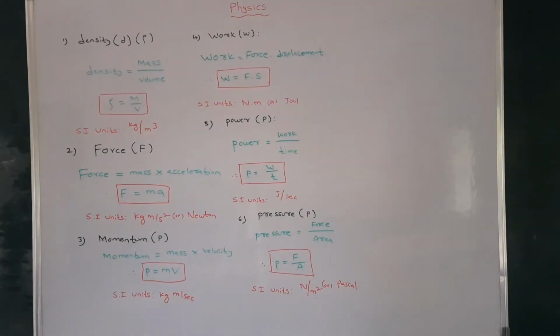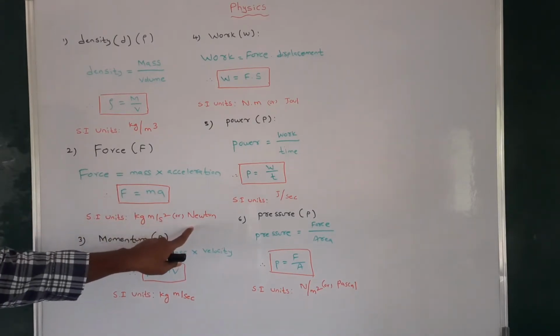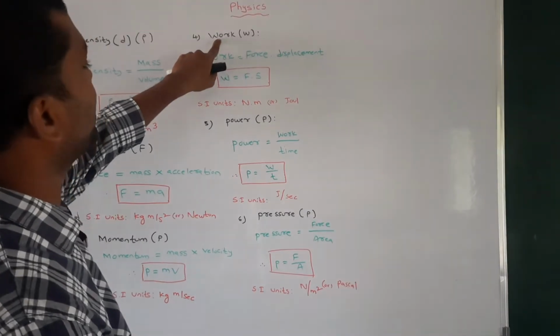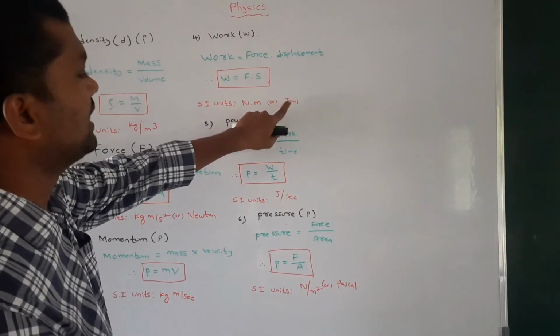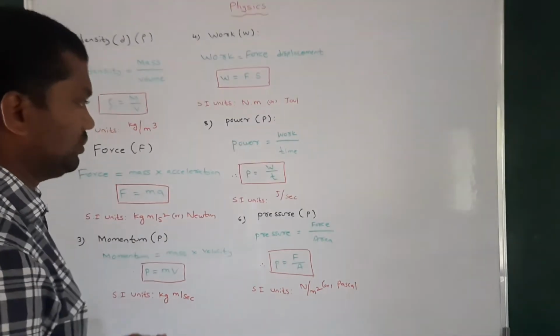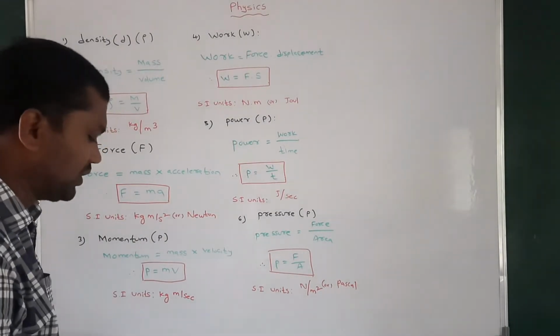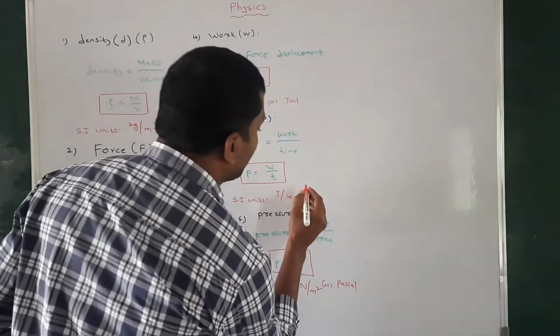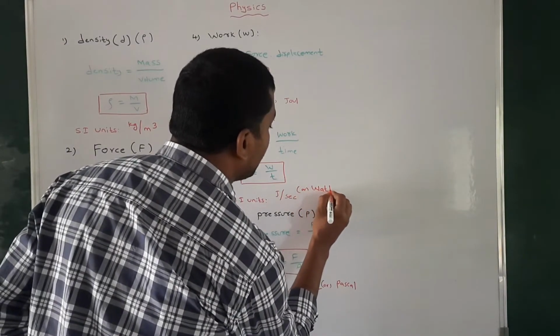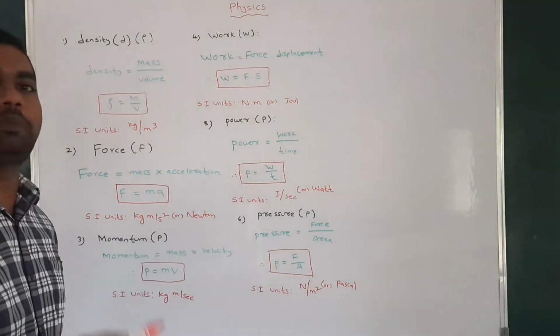So the SI unit of force is Newton. Newton is a scientist's name, and work will be measured in SI units of joule. Joule is a scientist's name. And next one, we can take power. The direct unit of power is watt, W-A-T-T, and kilowatt hour.